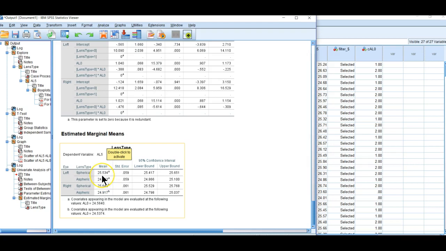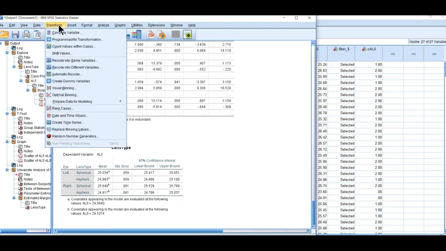When we adjust for baseline, because we're concerned about baseline, we can't use these means because the means involve the interaction term. So what are we going to do? Well, we're going to basically transform our data and create groups.